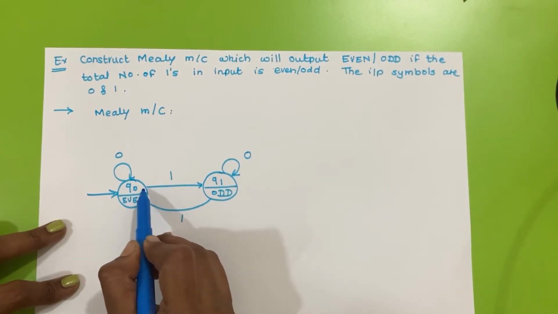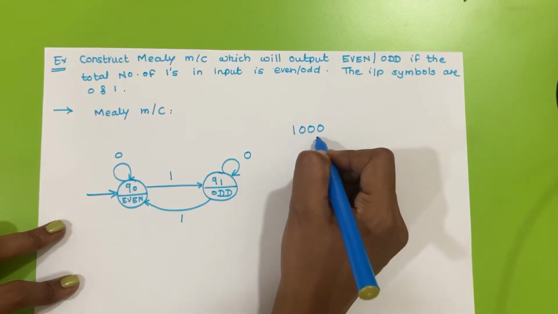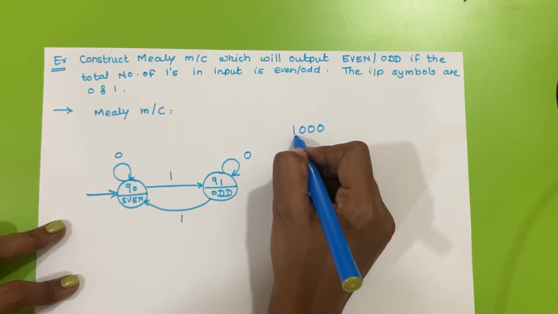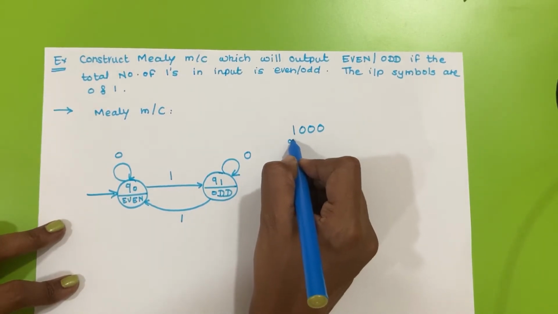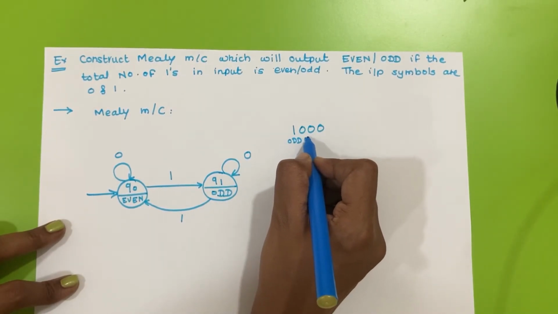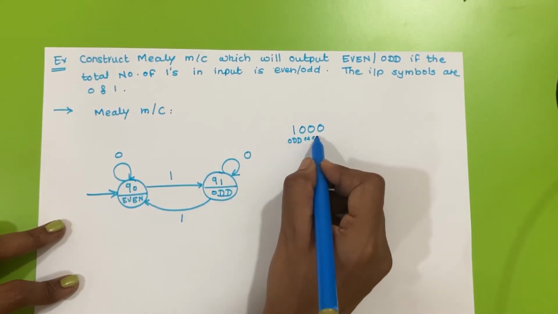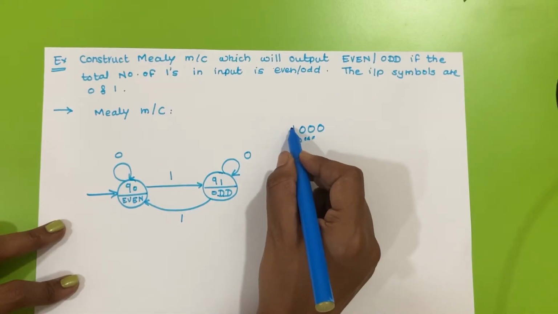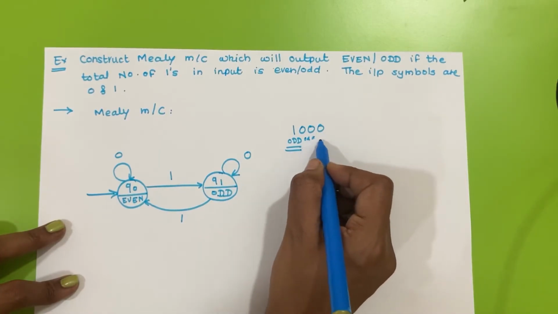If we have a string like 1 0 0 0, then it should produce odd, because when we go from Q0 to Q1 it produces odd for the first time. After that it will again produce odd, because in the whole string the number of ones is odd. So for these zeros it will produce odd only.